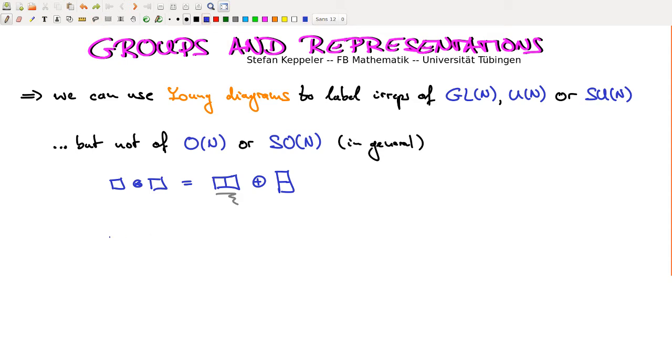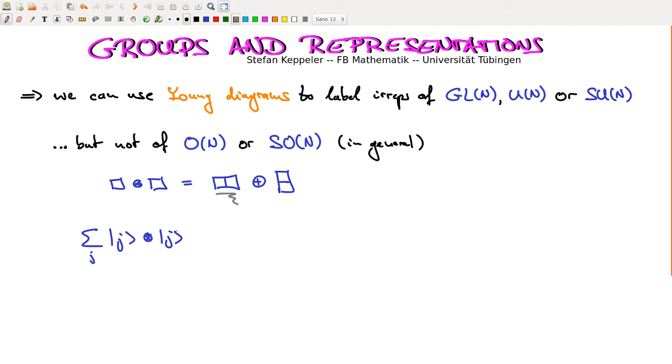To this end, consider this object. Choose some basis in the defining representation, and we label the basis vectors 1, 2, 3, 4, and so on. And now we take e_j tensor e_j and sum over all j's.